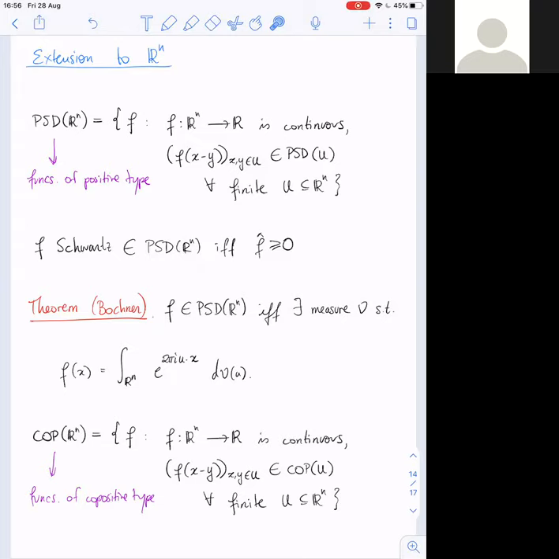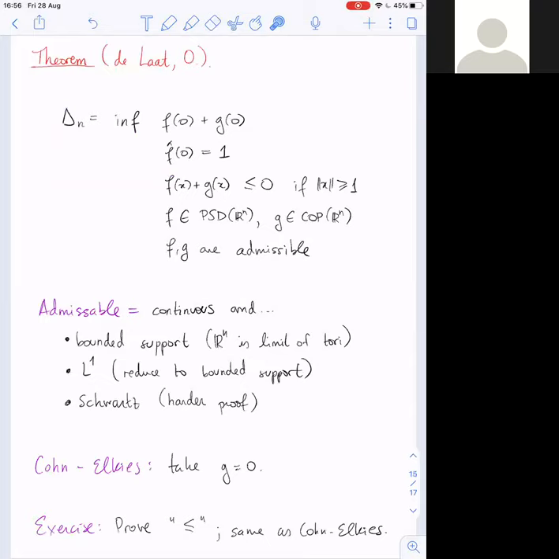Okay, so for this cone, as you imagine, we don't have such a nice neat characterization because it is a much more complicated cone. But we can use it to give the following theorem, which is by David de Laat and me. You have an optimization problem.